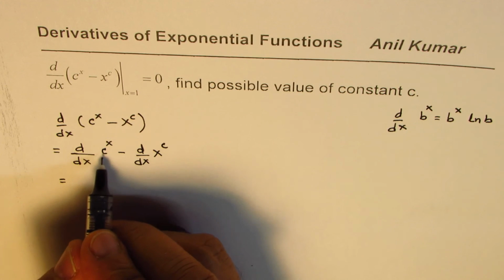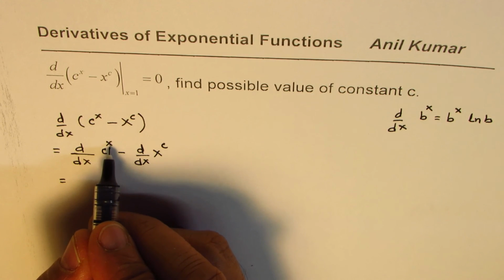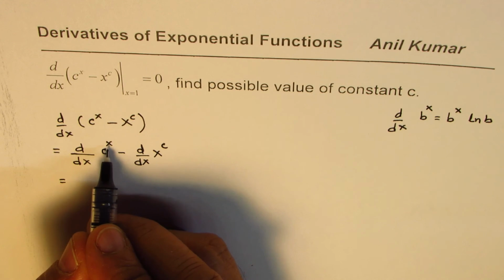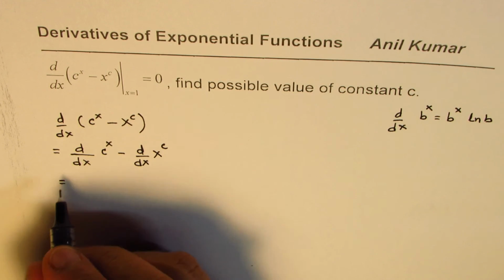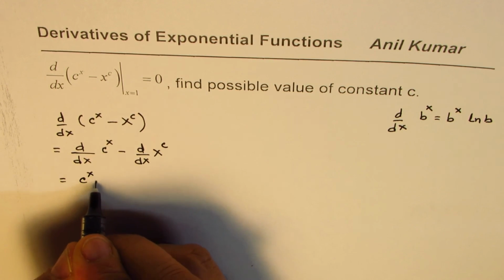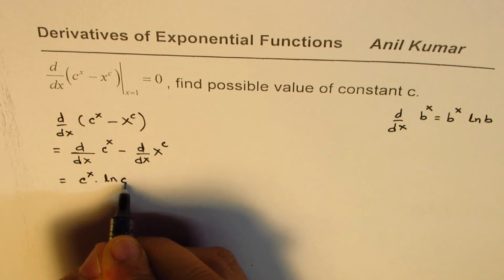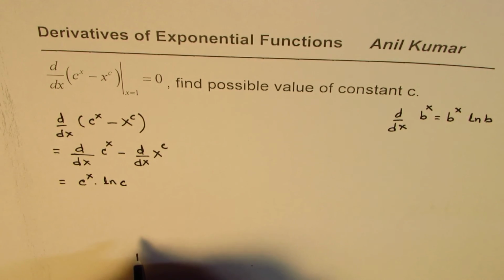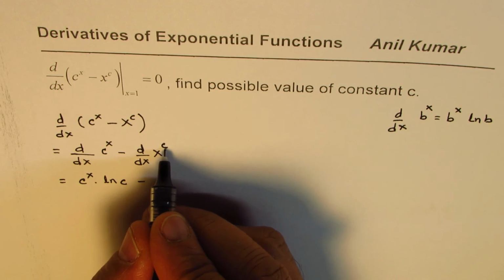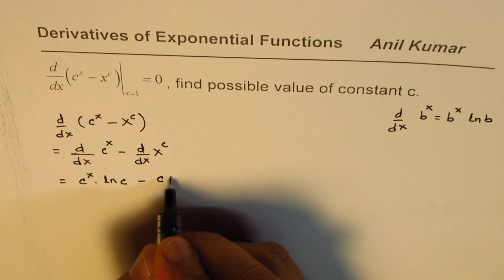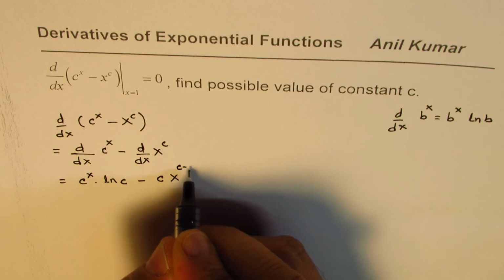Now here x is in the exponent, which is a variable or a function, so we'll apply this rule. So it could be written as c to the power of x times ln c, right? That is the constant. Now here we can apply the power rule. c is a constant, so it is c times x to the power of c minus 1.